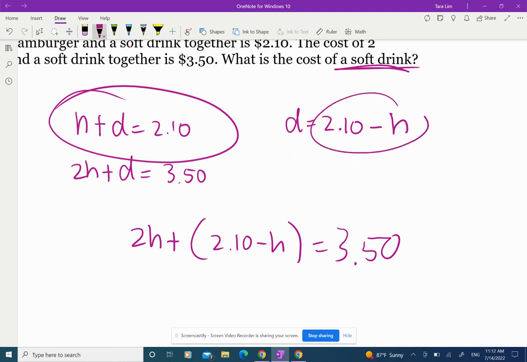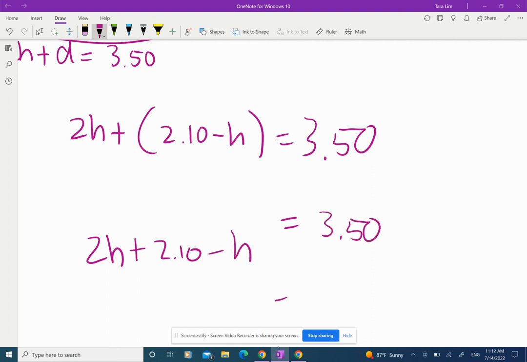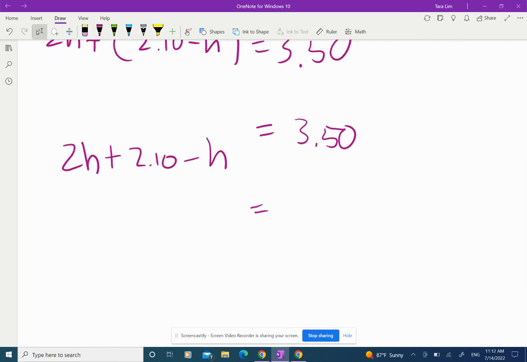And look, it's easier because we only have one variable, and we can solve for H. And then after we solve for H, we can solve for D alone. So I'm going to first remove the brackets because 2H plus 2.10, plus minus is minus, so minus H is equal to 3.50. So 2H minus H is just H plus 2.10 is equal to 3.50.